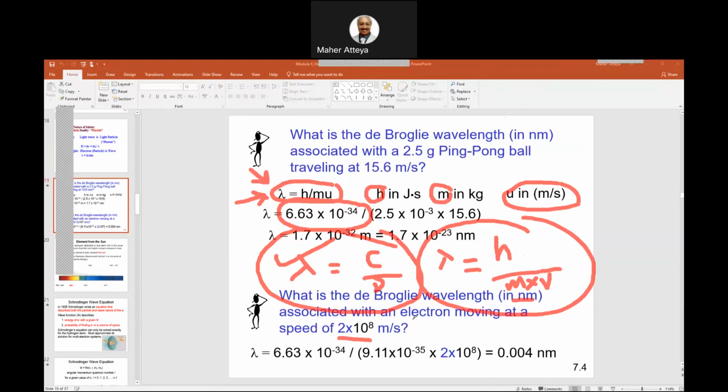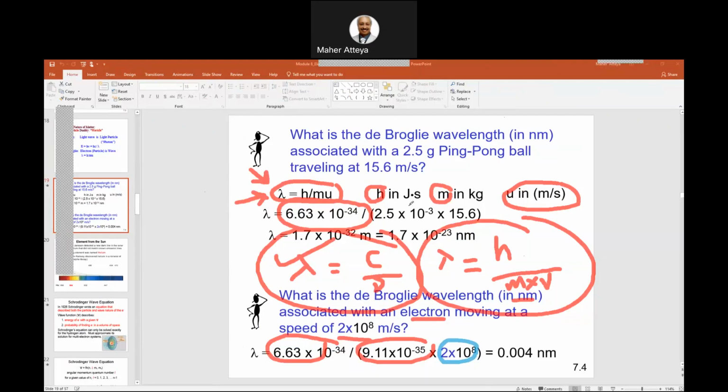Then they give you electron, so you know the mass of the electron. This is the speed. This is the mass of the electron. This is Planck constant. So you divide the Planck constant by the mass of the electron and the speed of the electron, correct?